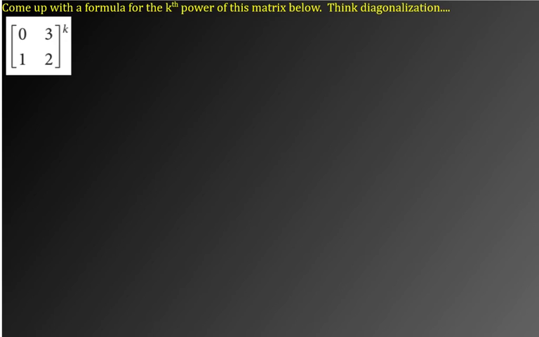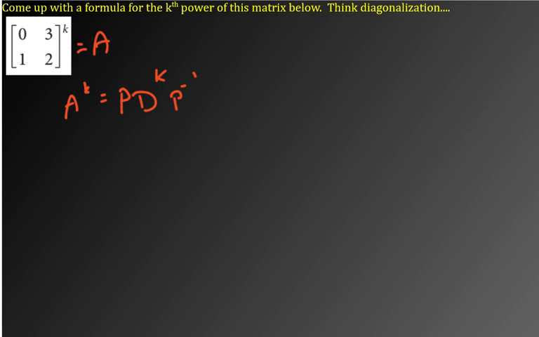If this is my matrix A, then A to the kth power would equal P D to the k, P inverse, right? And so basically, if you can diagonalize something, you can also get a formula for the power of it.